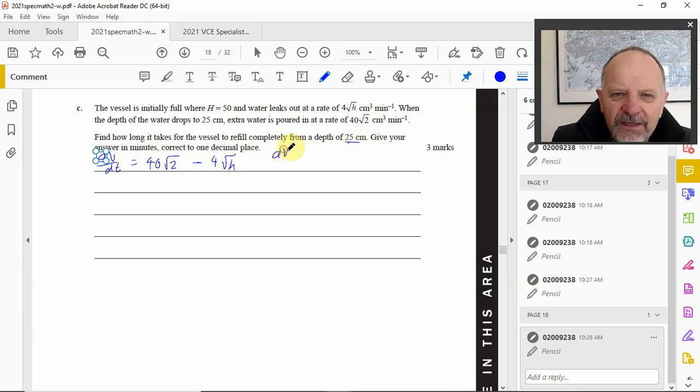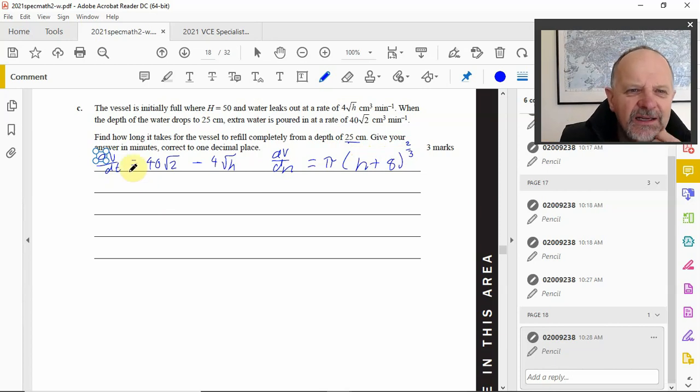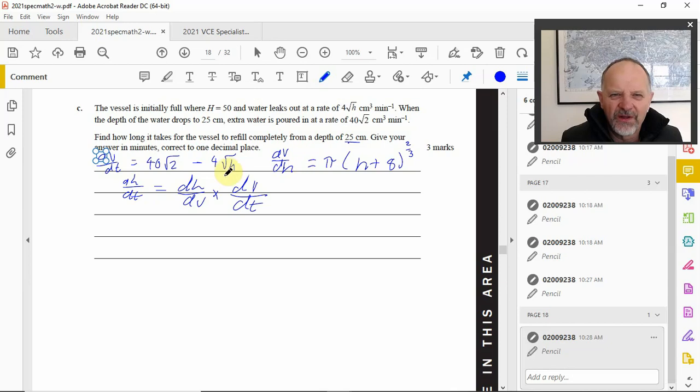All right, and dV/dh, we've already had that from before, pi times h plus 8 to the 2/3, and there we are. All right, so dh/dt, that's what connects these things together, volume, height, time. So dh/dt is dh/dV times dV/dt. All right, and so we've got those two things.